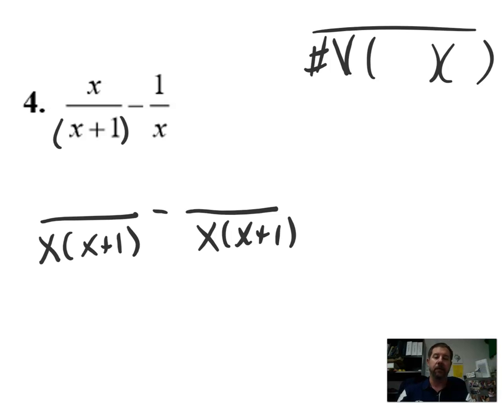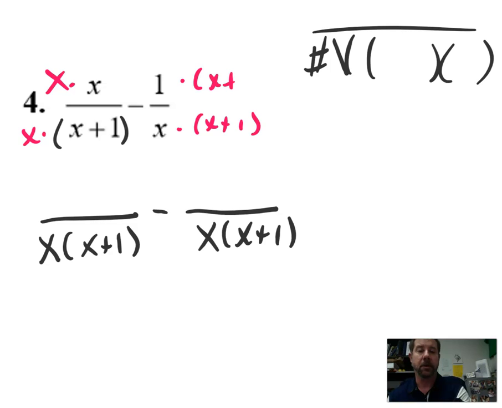Okay, so be careful. In this case, now to get an x times x plus 1, I'd have to multiply by x. And I'd have to multiply this one by x plus 1. So I get x squared over x times x plus 1, and 1 times x plus 1 is x plus 1. Now again, here's where I would say I'm going to distribute my negative to everything there.